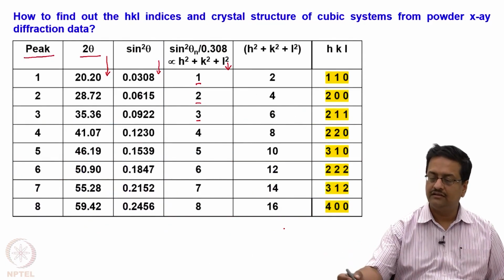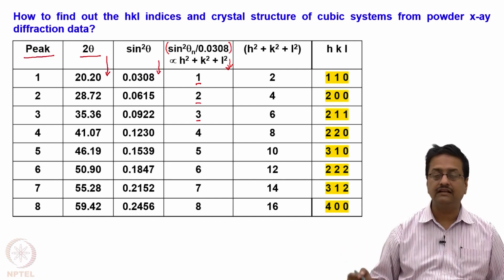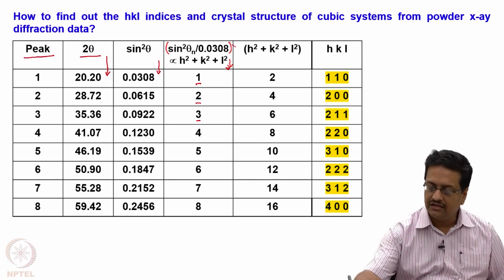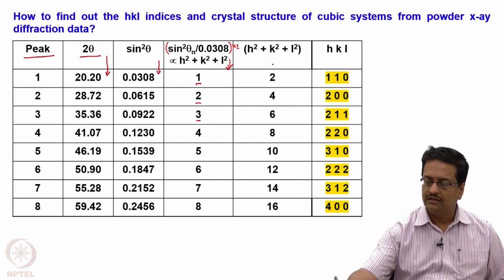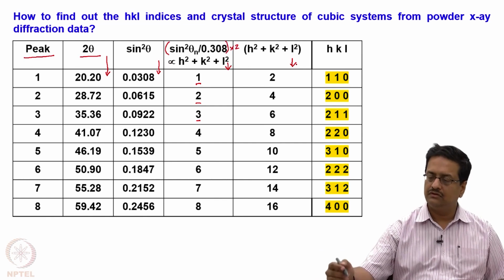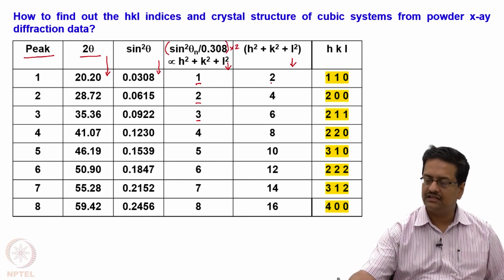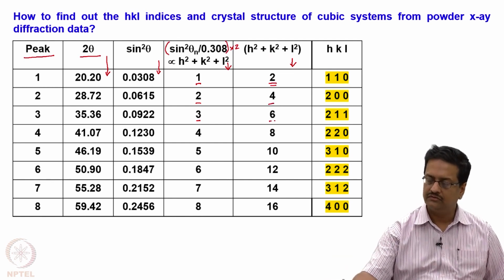We multiply this fraction by 2, a constant quantity, and get the set of integers like this. So now h square plus k square plus l square corresponds to 2, 4, 6, 8, 10, 12, 14 and 16.